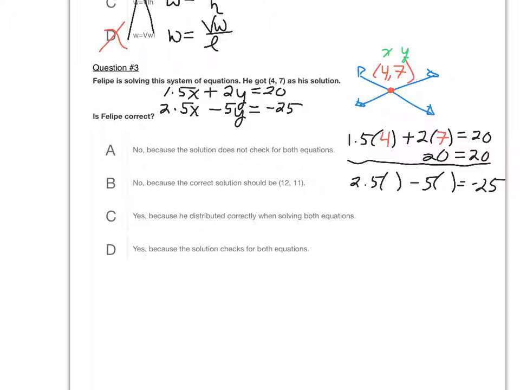So our x value is 4 and our y value is 7. Plugging that into the calculator, 2.5 times 4 minus 5 times 7 equals negative 25. And so negative 25 does indeed equal negative 25. So since it worked in both equations, the answer is yes, because the solution checks for both equations. Next question.